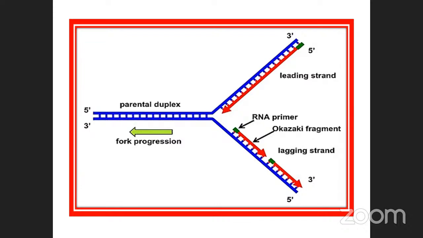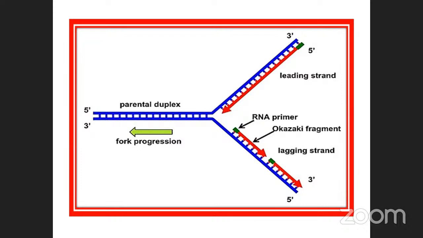So the leading strand starts from where? 5' to 3', because here it connects with the 3', isn't it? 5' to 3'. Only one primer molecule, the RNA primer, is essential. It's enough for the leading strand. Okay. At the same time, they start from the middle portion. RNA primer is, see here, this is the RNA primer. The arrow is the RNA primer.